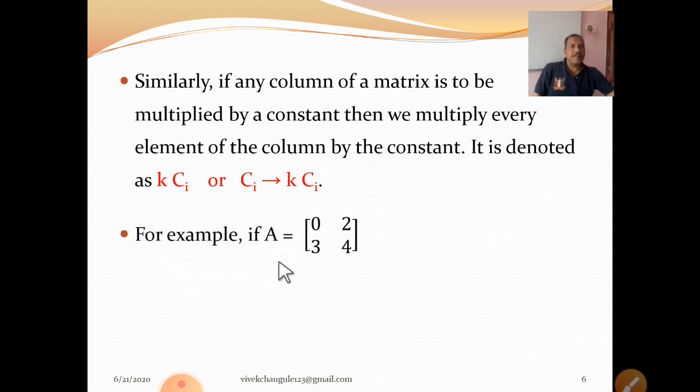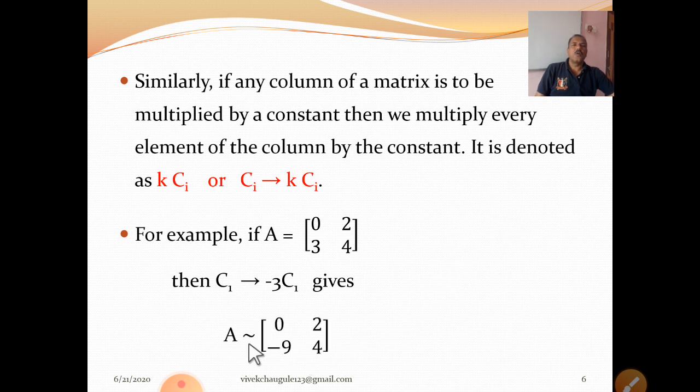For example, suppose A is equal to 0, 2, 3, 4, and the transformation is C1 changes to minus 3 into C1. This is the first column, this is the second column, and minus 3 is the non-zero scalar, so we multiply every element of the first column, 0 and 3.